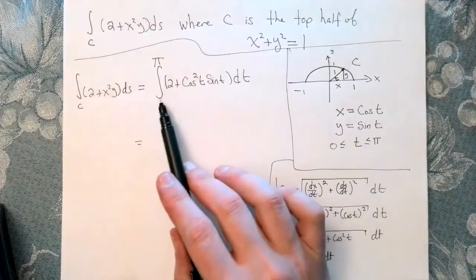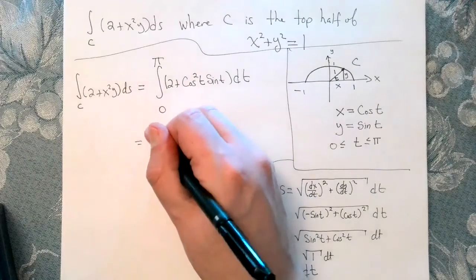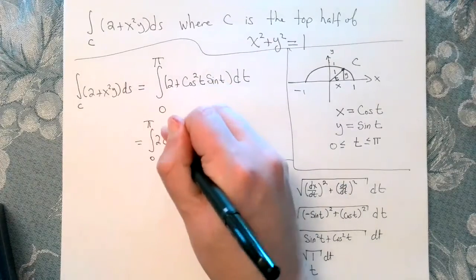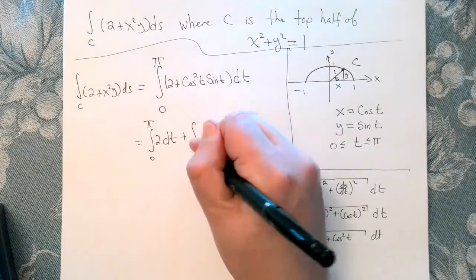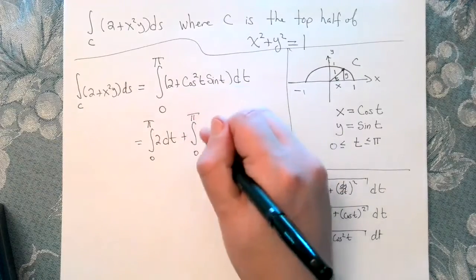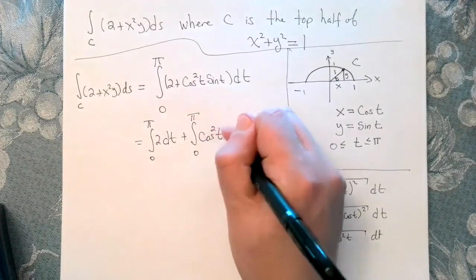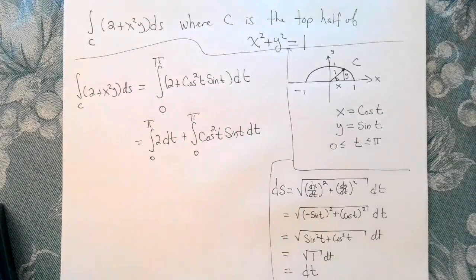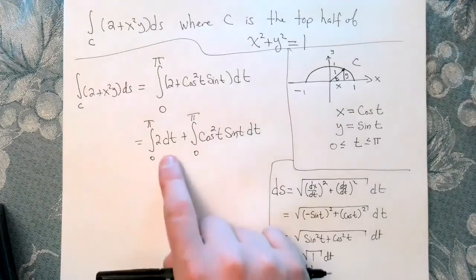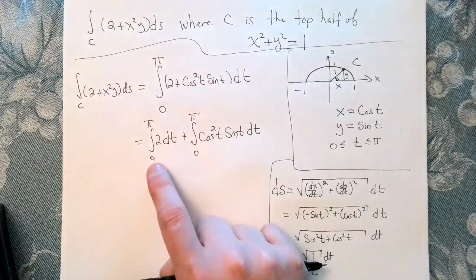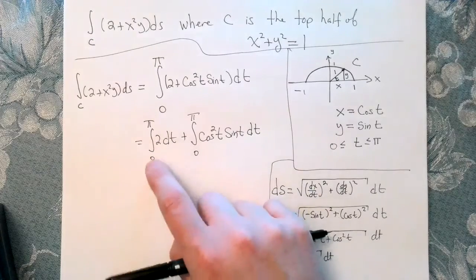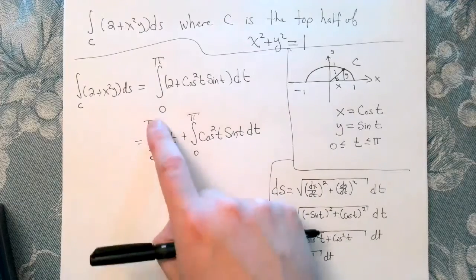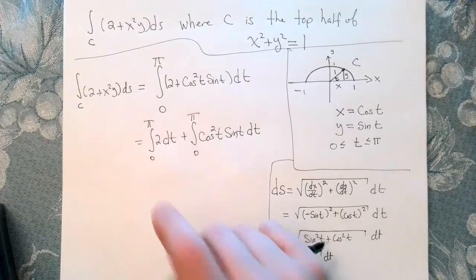All right, since the integral is additive, we can write this as the integral from 0 to pi of 2 dt plus the integral from 0 to pi of cosine squared of t sine of t dt. Okay, so this is not bad. We know that theorem from Calc 1, that the integral from a to b of a constant dt is that constant times b minus a. So that's going to give me 2 pi.